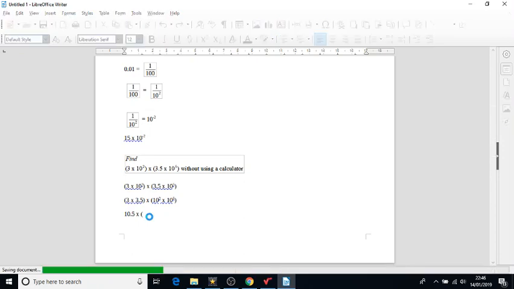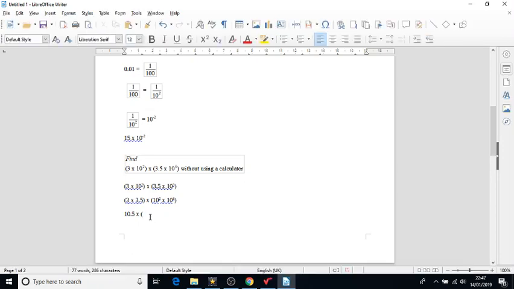Therefore, 10 to the power of 2 multiplied by 10 to the power of 5 will be written this way. This is how you'd work it out: 2 plus 5. As you can see, I have fused the two indices together to get one answer. Therefore, 10.5 multiplied by 10 to the power of 2 plus 5, which is 10 to the power of 7.